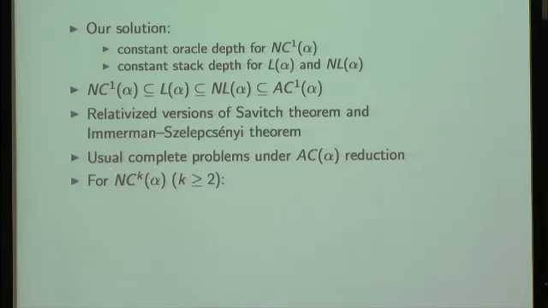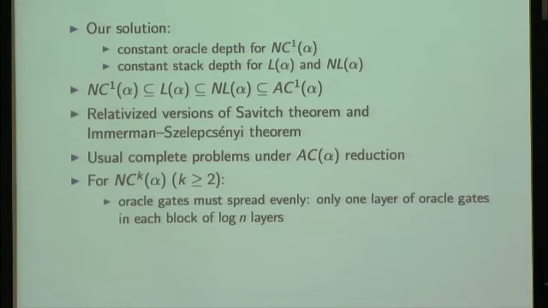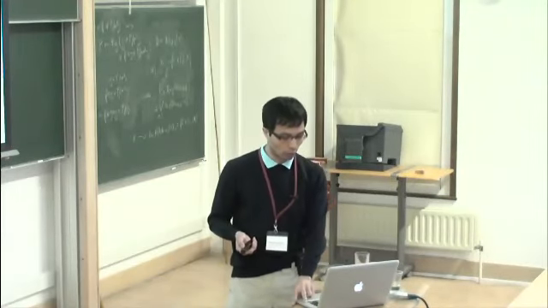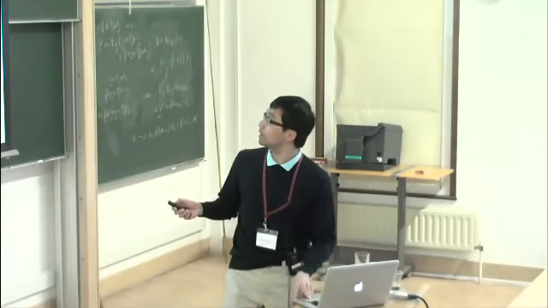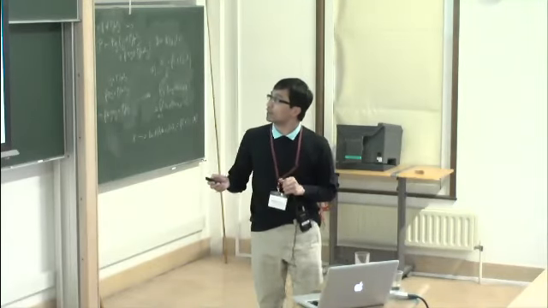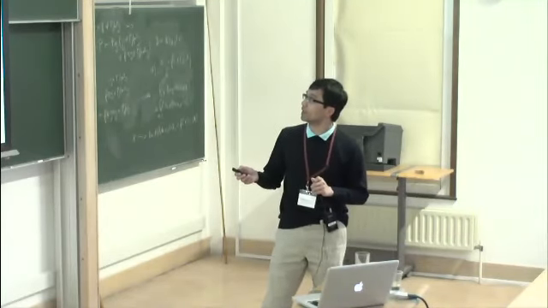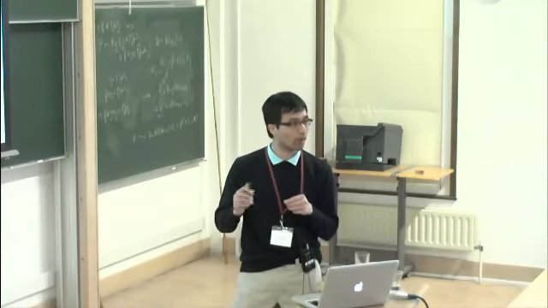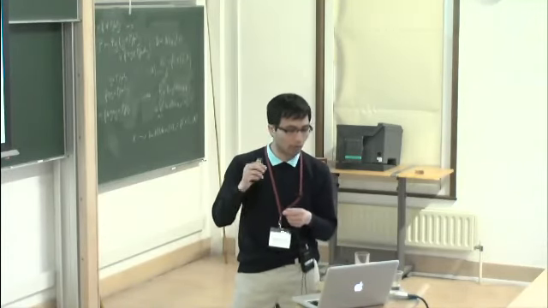Defining this class NCk of alpha is also delicate. The main thing here is that we have this circuit value problem and we want to show its membership in the class. There are some technical details that we don't know how to handle, so we come up with the definition that requires the oracle gates to be spread evenly on the circuit, so that there is only one layer of oracle gates in every block of log n layers.